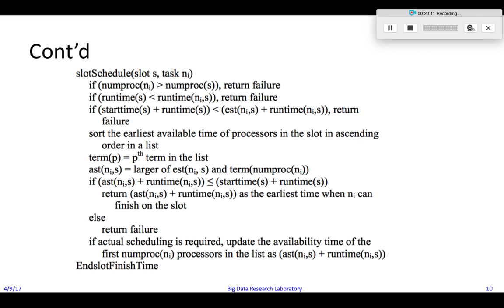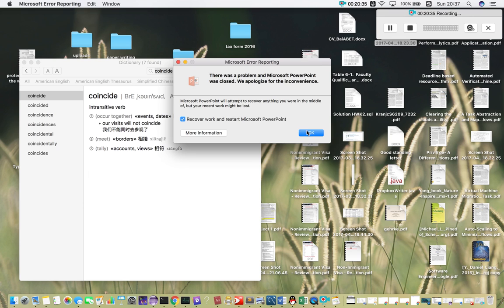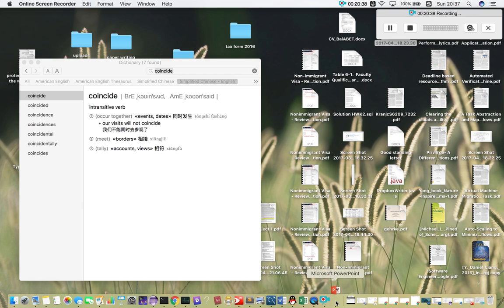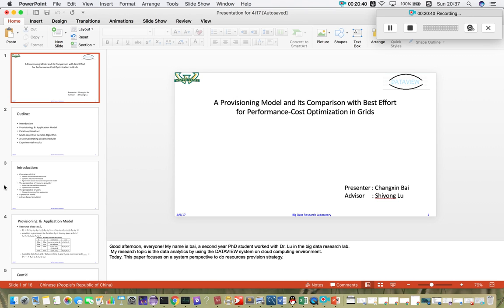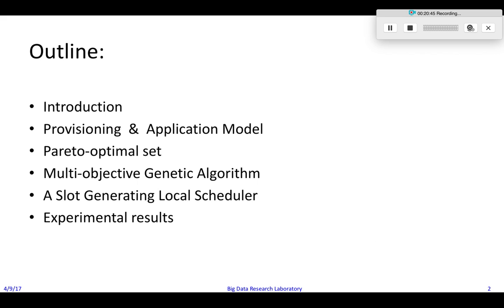And then we need to extend its task into this slot, which has the earliest finish time. Then this algorithm will end.